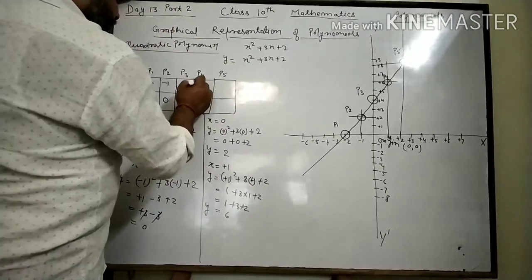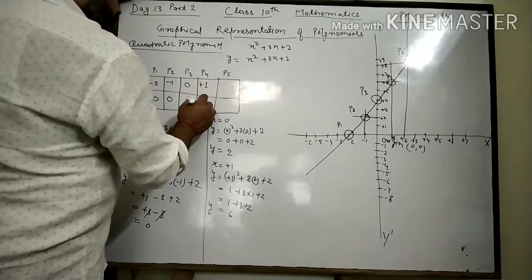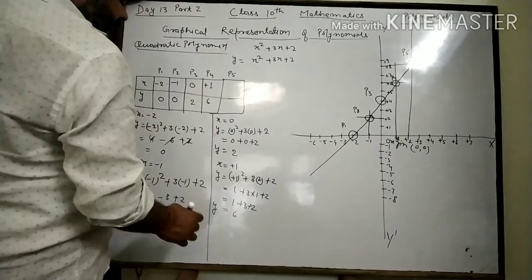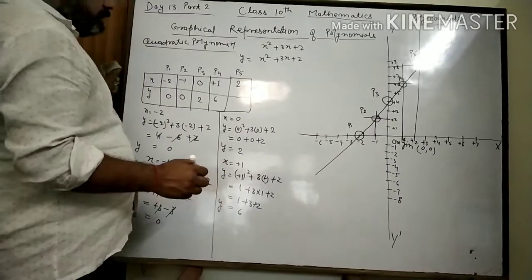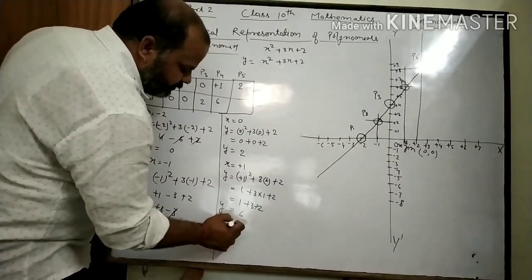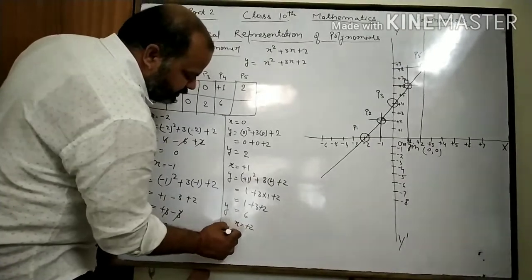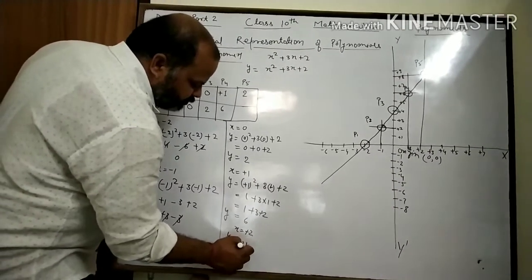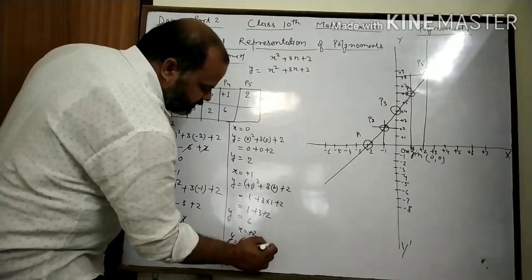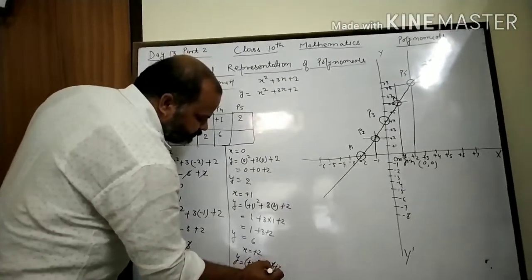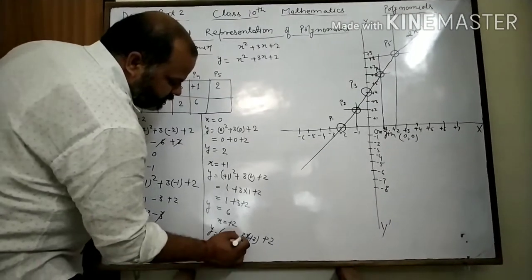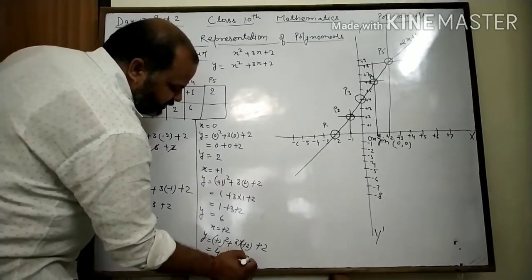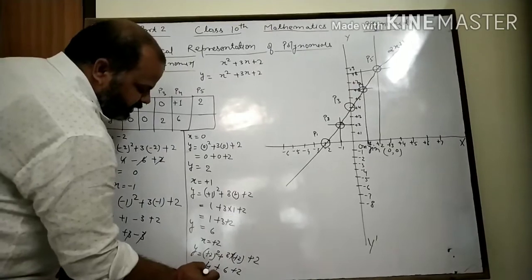Then if you put x is equal to plus 1, then y is equal to 6. In the same way, x is equal to plus 2, then y is equal to plus 2 whole square plus 3 into plus 2 plus 2. It is 4 plus 6 plus 2. Then total it is 12.